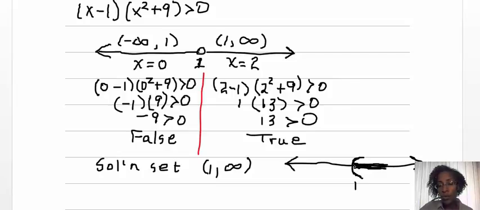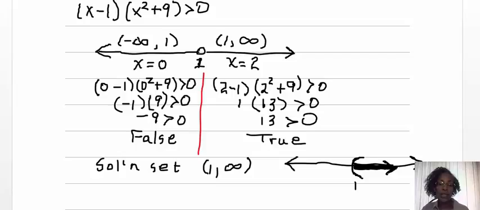And I show with an arrow that I can move indefinitely to the right. So that's my solution set and my graph.